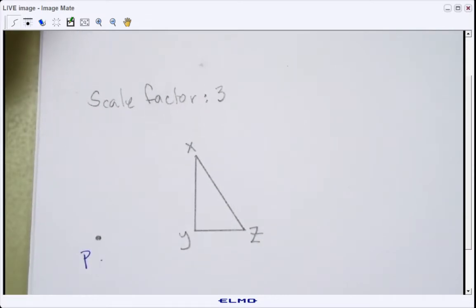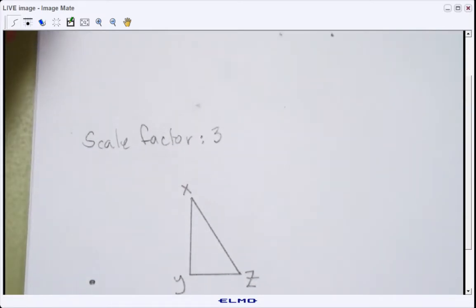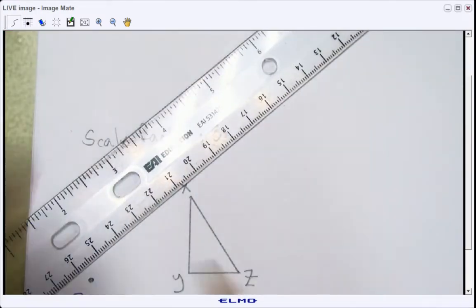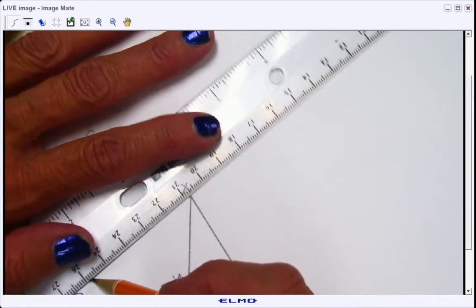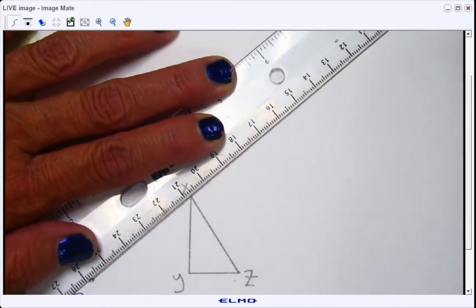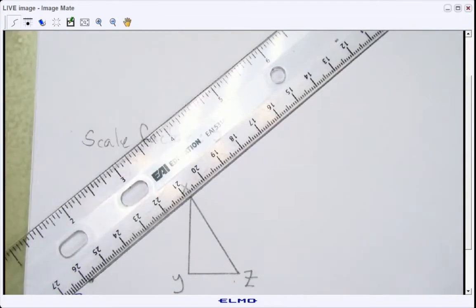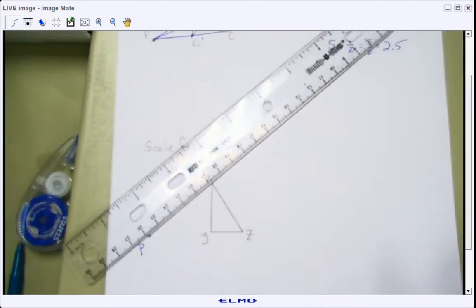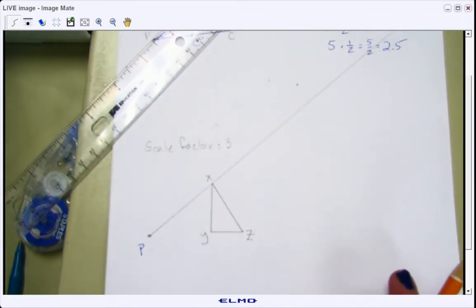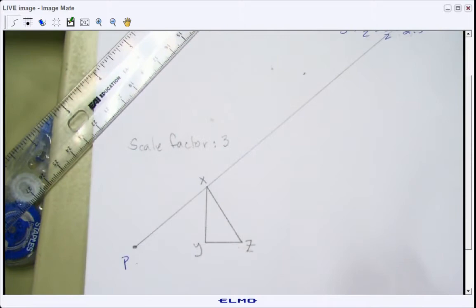Go ahead and make the line really long, okay? And you could use a pencil. I'm going to use a pencil at first. Make it really long. I totally went way off, way up there, okay? Why am I doing it in pencil? First of all, I like to do all math in pencil, but what if I make a mistake?